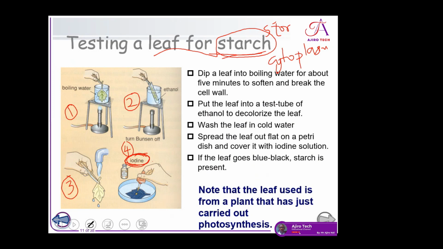The first thing is to boil the leaf, right? Yes. To soften it in water, to break down the cell wall. All right. And then you dip the leaf in ethanol, in hot ethanol, whether you boil it over water. But we don't boil the ethanol directly over a naked flame. Why don't you heat ethanol directly?